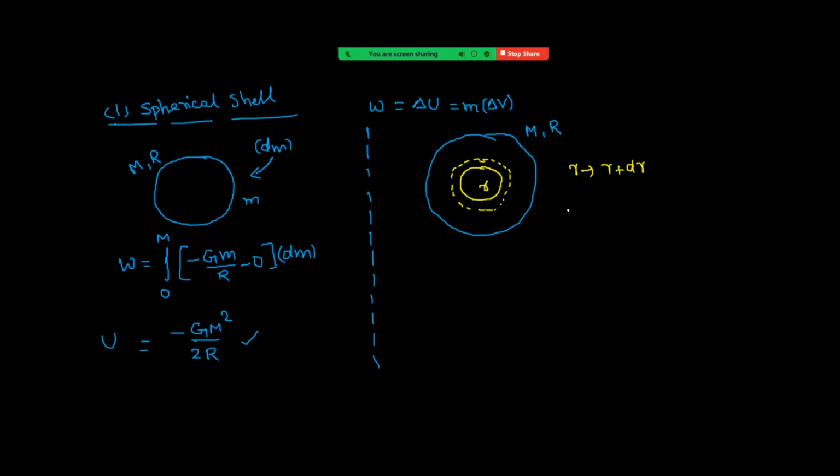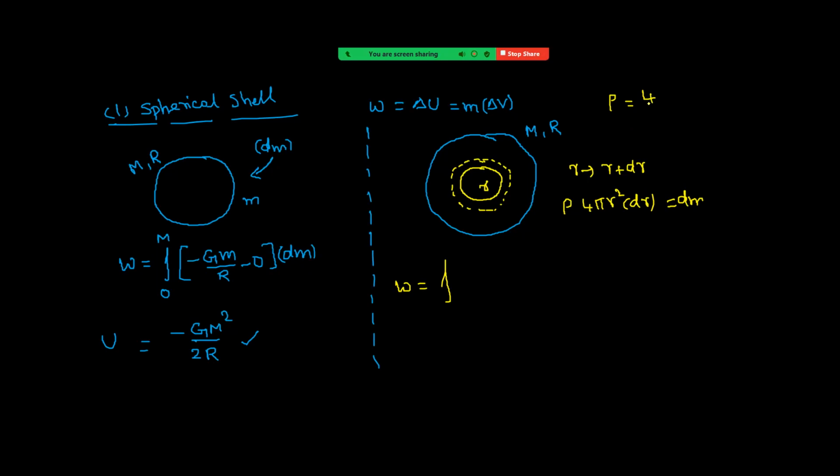That mass will be rho into 4 pi r square into dr. This is the mass required to increase the radius from r to r plus dr. So work done is equal to the integral, again the same relation. In the place of dm, I am writing rho into 4 pi r square dr.